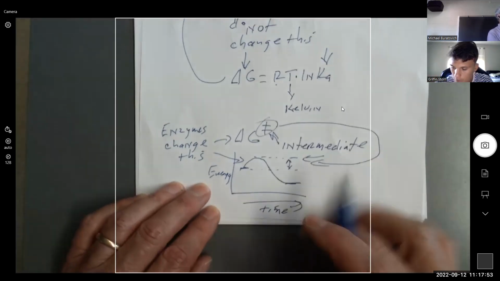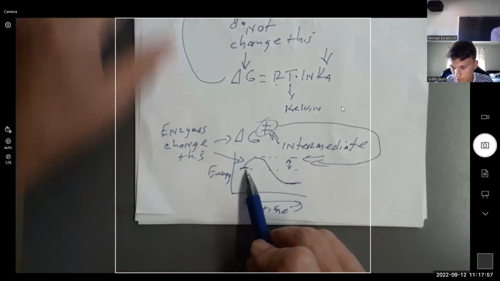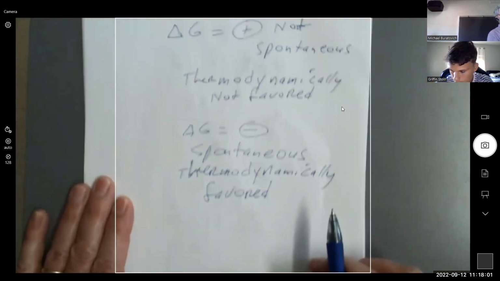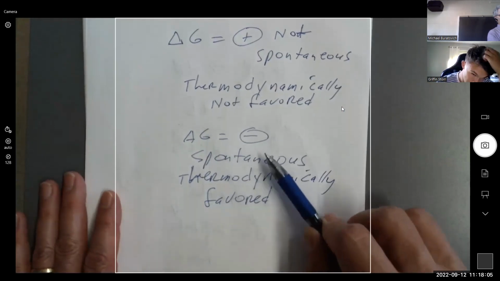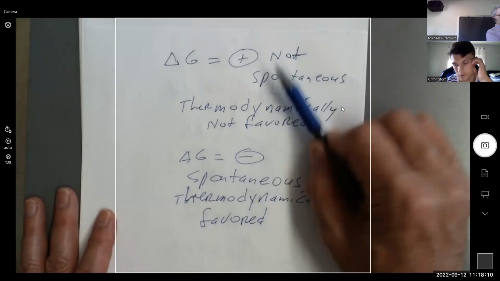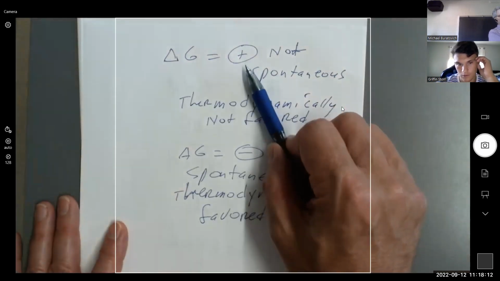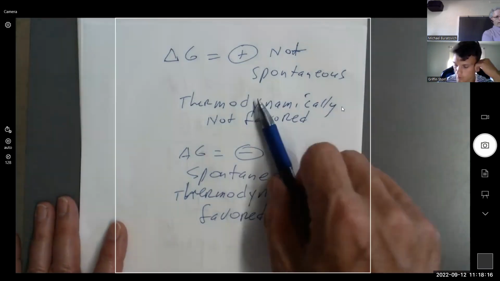Whereas if the energy of the products is lower than the energy of the reactants, that means that the delta G of that reaction is negative. So these are thermodynamically favored, spontaneous. These are thermodynamically not favored, not spontaneous, if the delta G value is positive, or in this case, if the delta G value is negative.